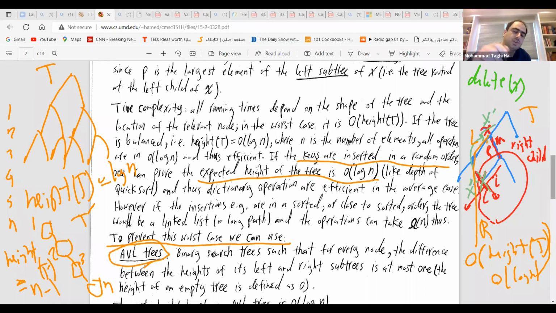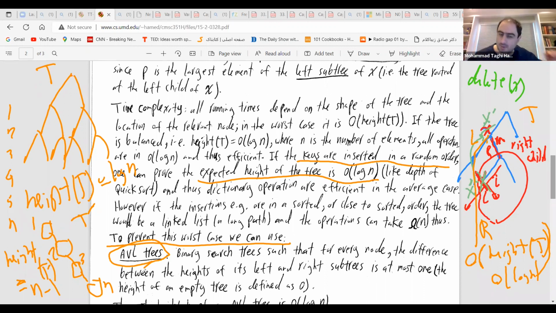AVL trees are a special case of binary trees, but when doing insertion and deletion, you make sure that the depth of the tree is always order log n. In this way, you have a guarantee on the depth.